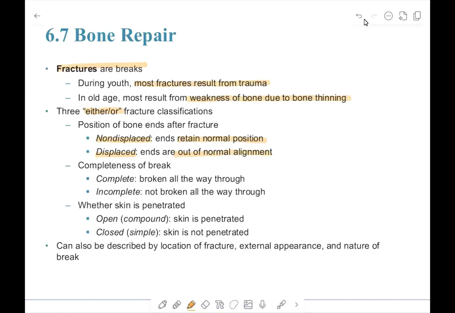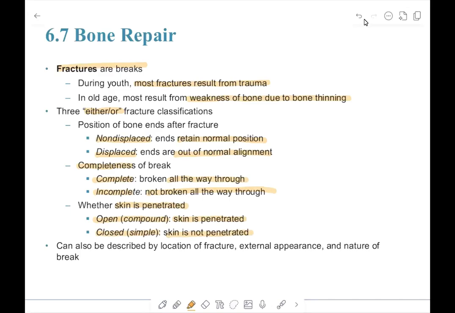The second classification is the completeness of the break. So if it's complete, it's broken all the way through. If it's incomplete, it's not broken all the way through. And then finally, the third classification is whether the skin is penetrated. If it's an open or compound fracture, the skin is penetrated. If it's a closed or simple fracture, the skin is not penetrated.